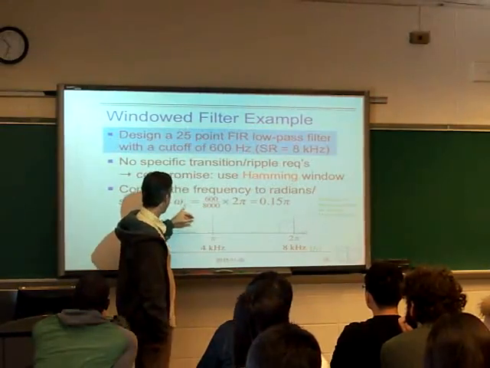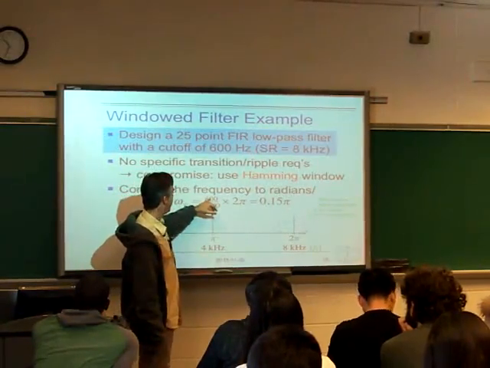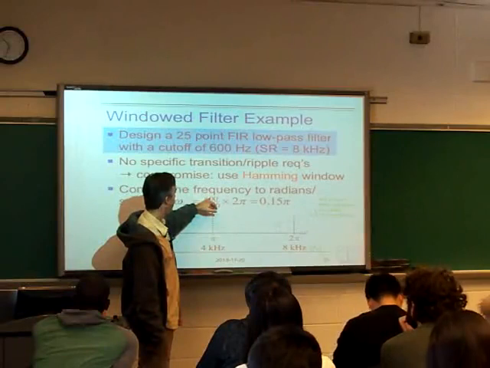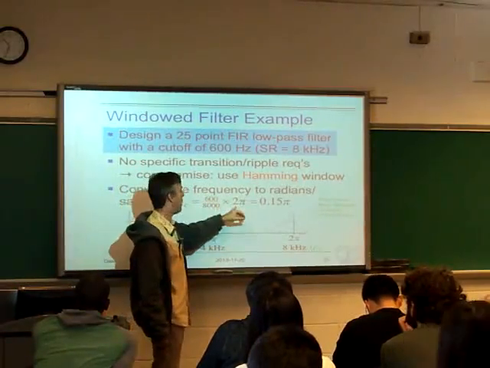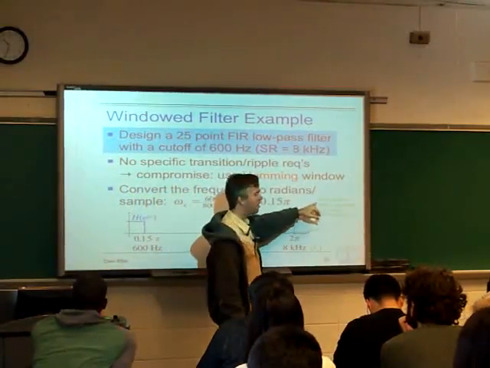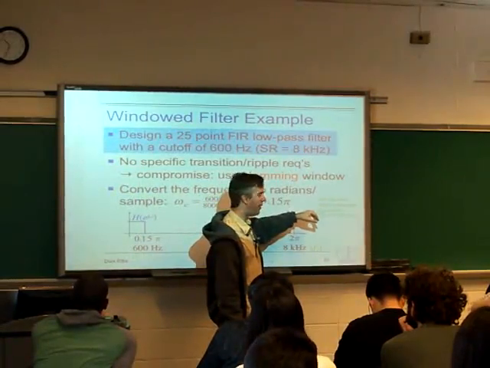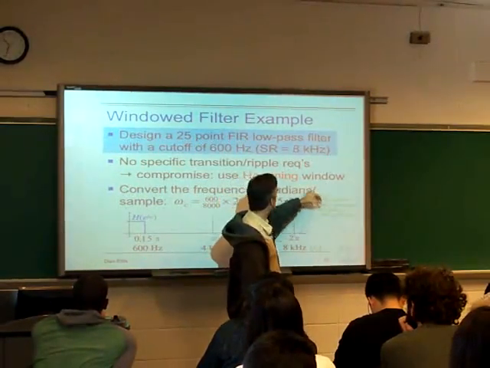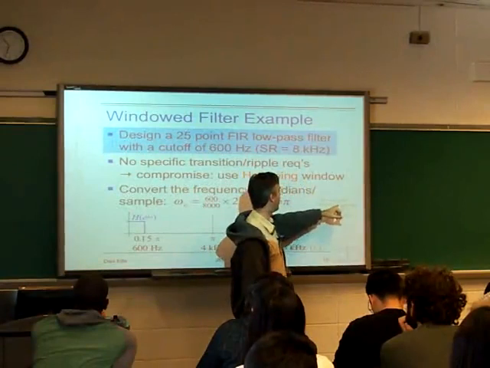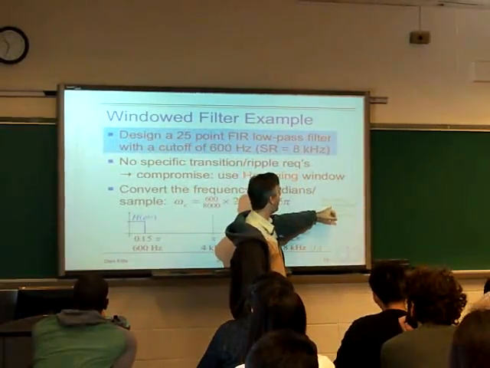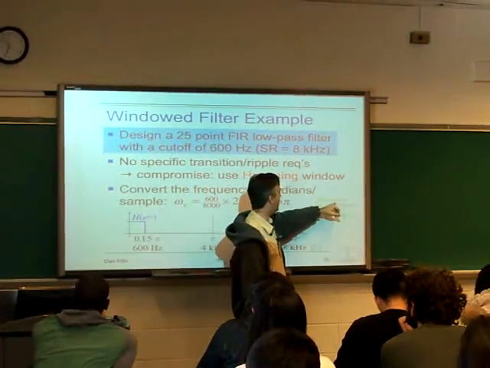Here's the calculation: omega c is the frequency we want divided by the sampling rate, times 2 pi, which gives us this. And you can remember this by thinking about the units. What we want is 600 cycles per second, which we divide by 8,000 samples per second, our sampling rate.